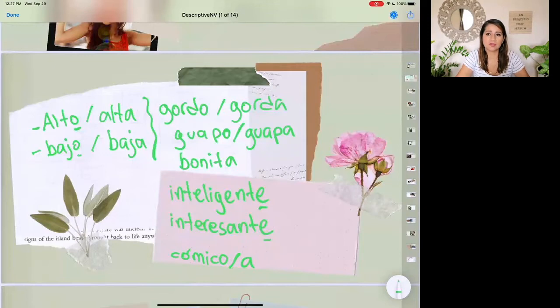Like if somebody's tall, you say he is tall, and if you're talking about more than one person, you say they are tall. You don't say they are talls, adding an S. But in Spanish, we do that. So if I'm talking about, let's say, my brothers, mis hermanos son altos, with an S. Or mis hermanas son altas, if it's females, my sisters. Okay, so with all these adjectives, we're going to need to add an S if we're talking about more than one person.